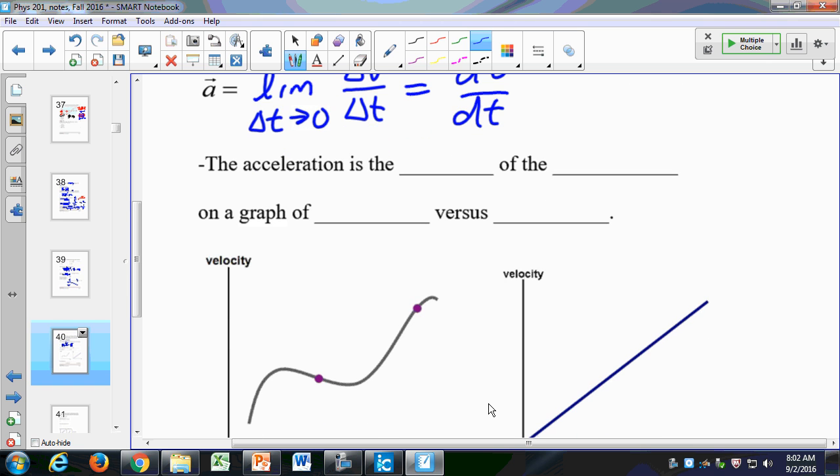As we've already talked about with instantaneous velocity, the acceleration is the slope of the tangent line on a graph of velocity versus time.